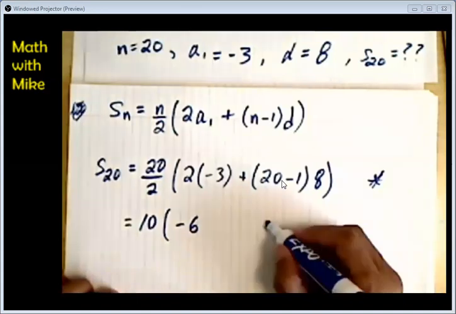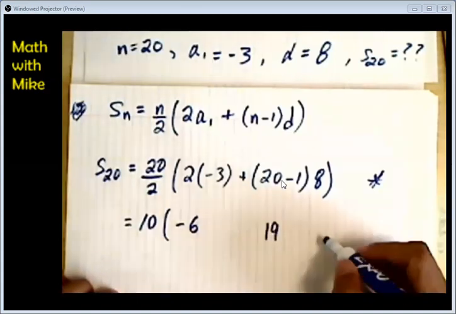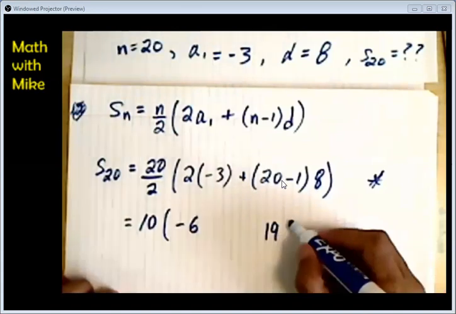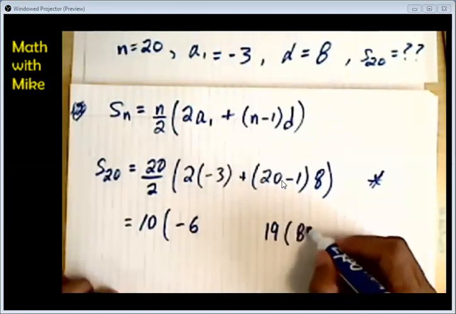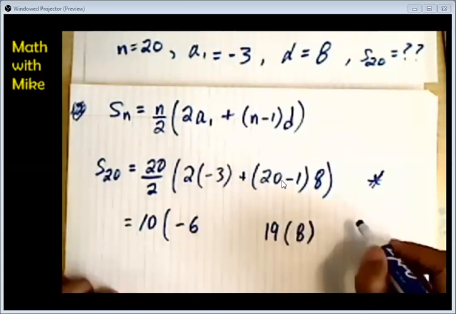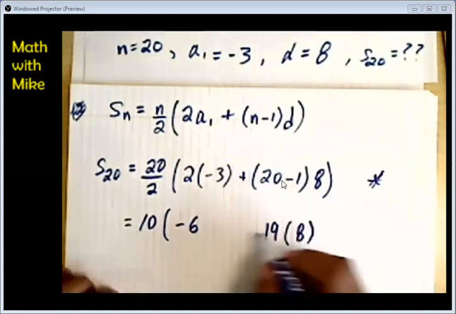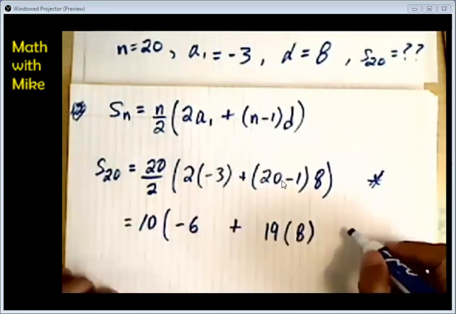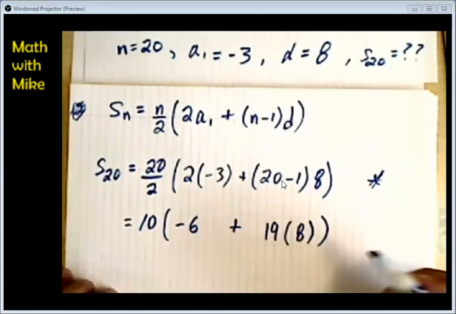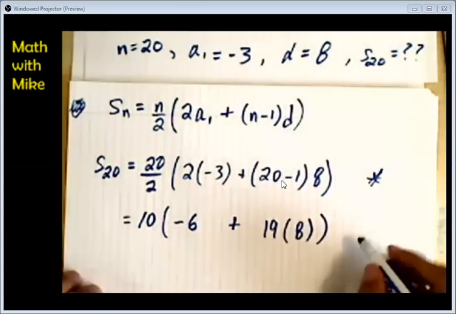Yeah. Plus in there. Yeah, good. Good so far.